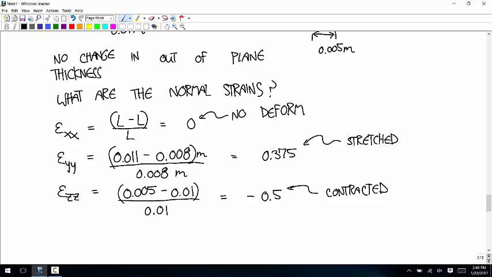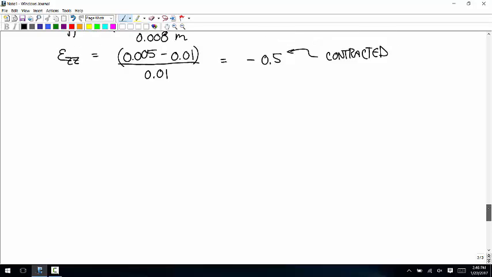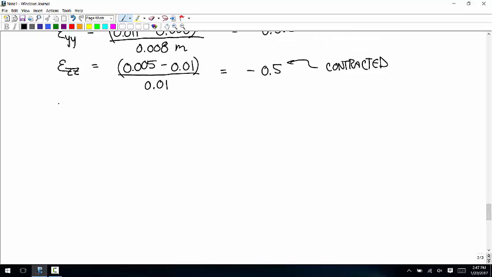How do these values compare to our criteria for small deformations? Way, way too big, by a factor of 10,000 or something. But mathematically, that's how you do the calculation. And let me say one more thing, and then we're done.